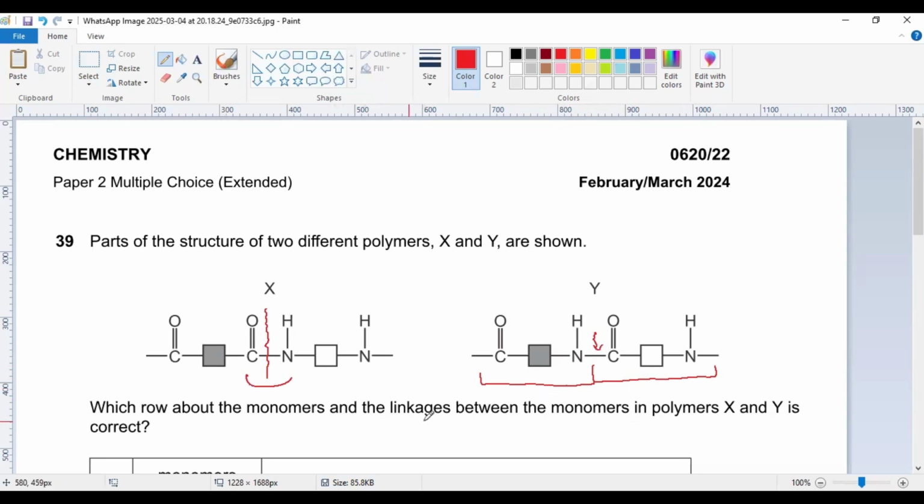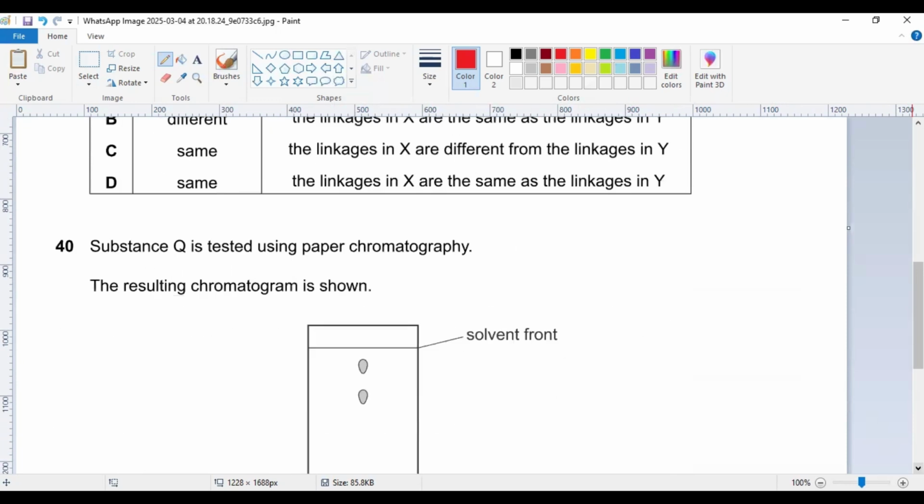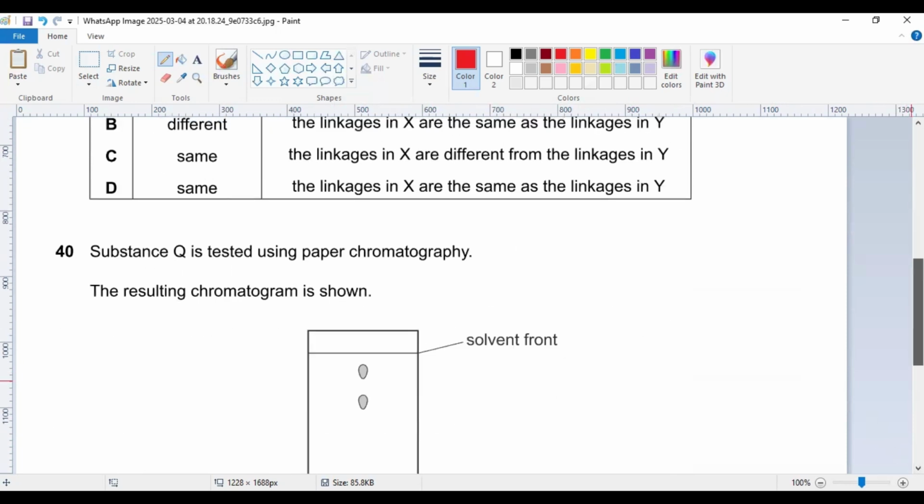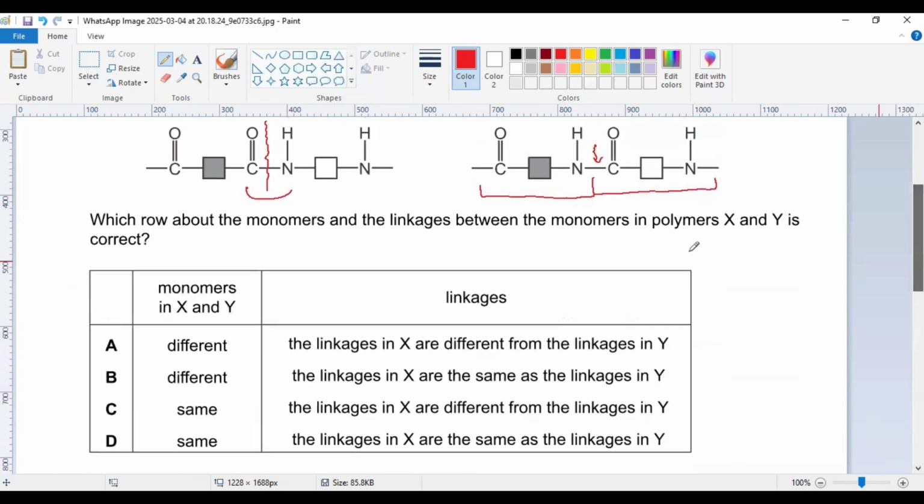Which statement about the monomers and the linkages between the monomers in polymers X and Y is correct? You can see that these are diamines and dicarboxylic acid, and an amide linkage is there. And these are the amino acids, where the amino and carboxylic group are present on the same compound.